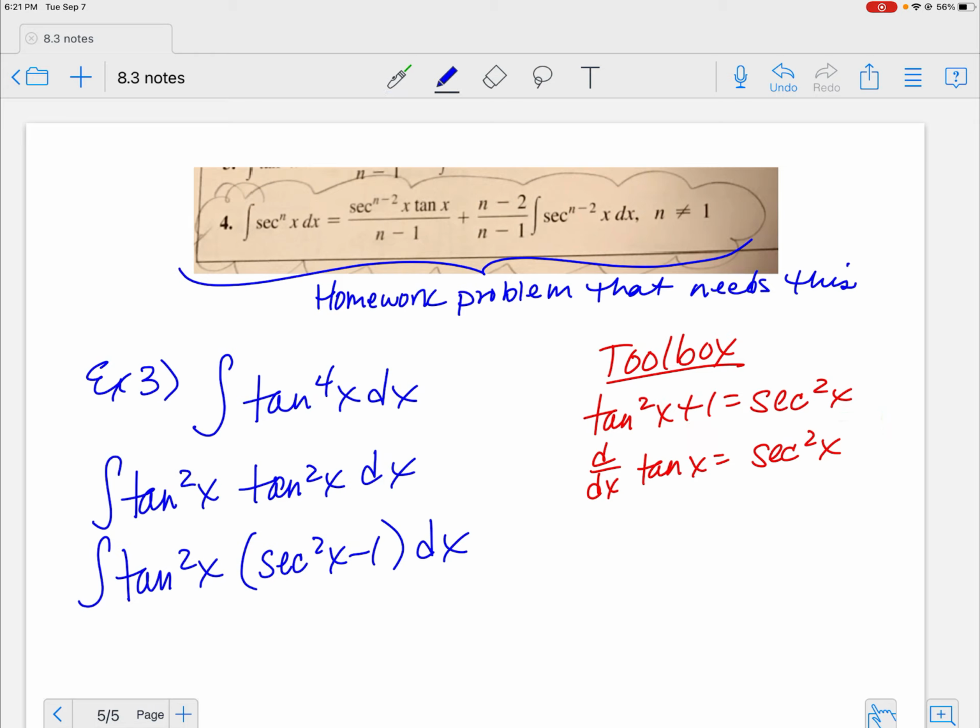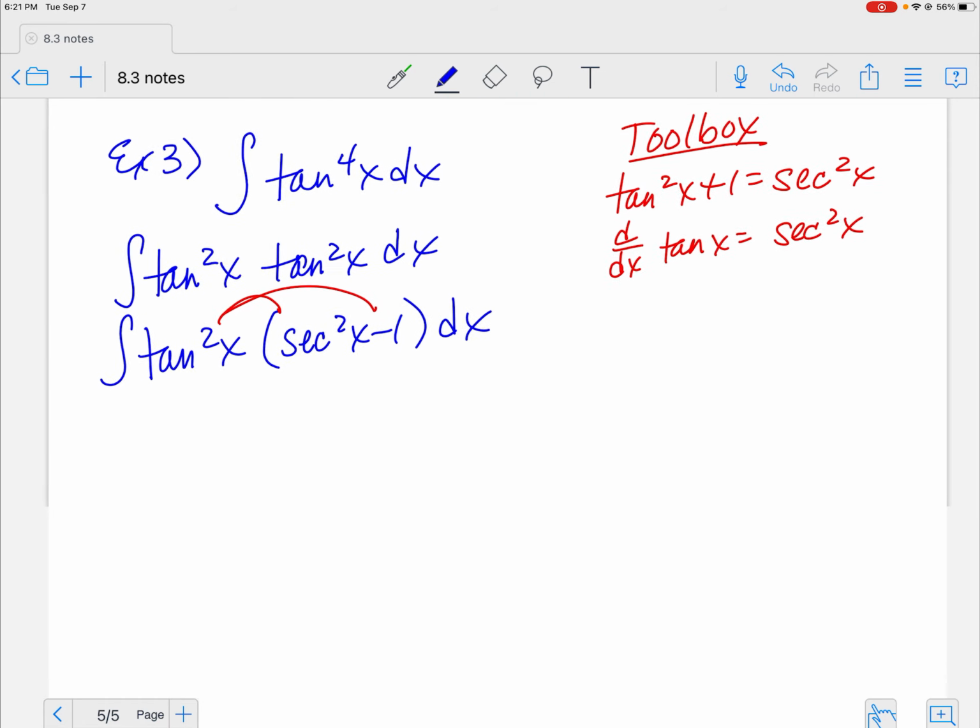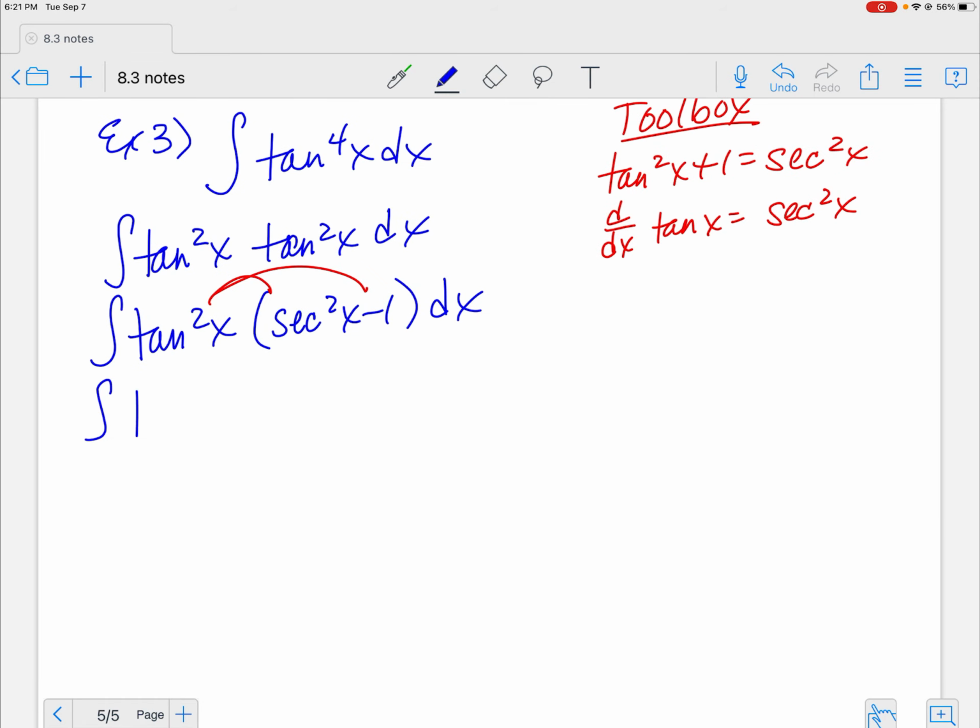Now look at what happens whenever I do this substitution. Oh, I didn't mean substitution yet. My head's going faster than my mouth. If I distribute that, scoot this up, we now have tangent squared x secant squared x minus a tangent squared x dx.